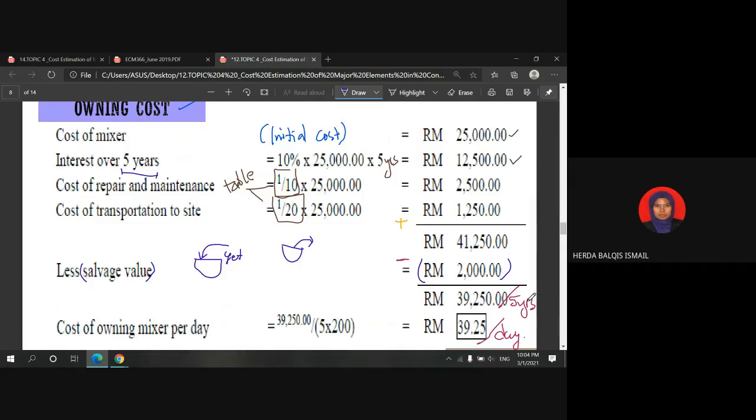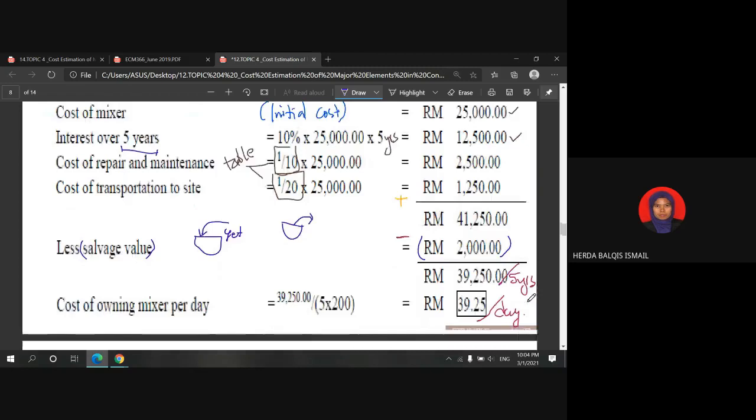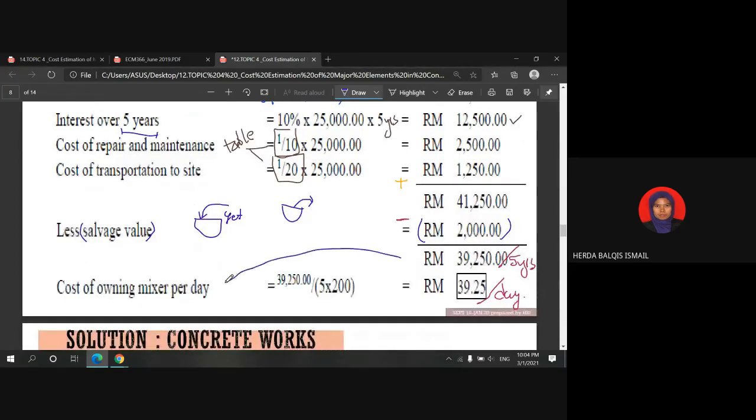Over 5 years, so you need to convert this owning cost to per day. Once you want to convert, you need to take into consideration the constant.